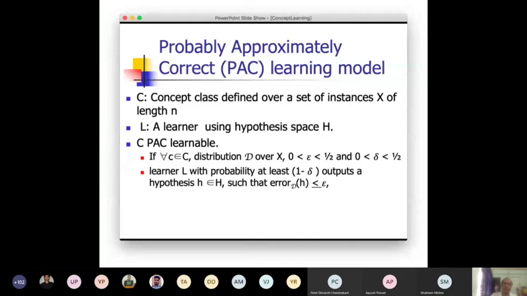That means true error is bounded by epsilon. So your learner will output a hypothesis whose true error is bounded by epsilon with a probability of at least 1 minus delta, right?